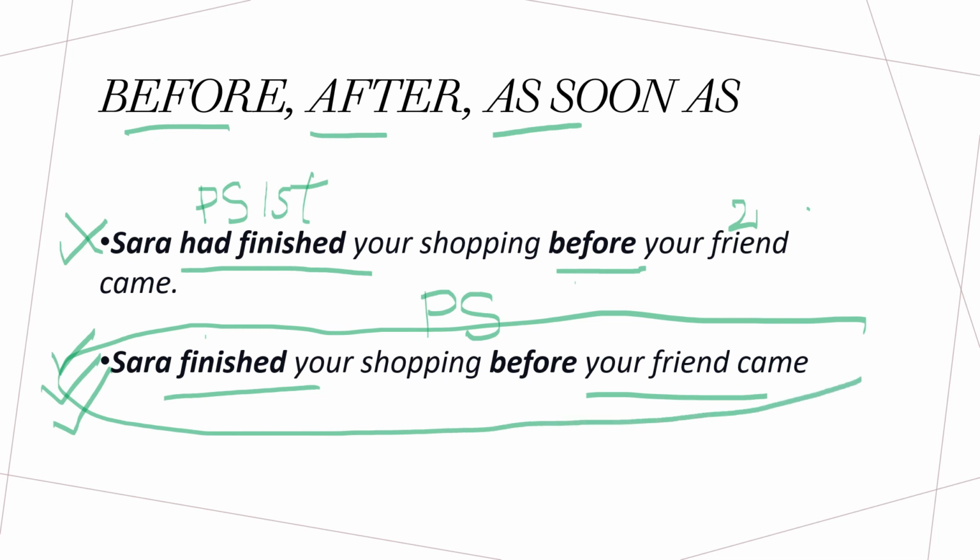Sarah finished your shopping before your friend came. We are using past simple for both events because the time expression is clear, because we have used the word before here. And we will do the same if there is a time expression after or as soon as.